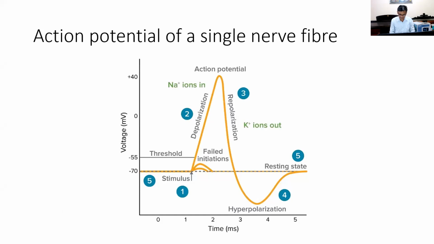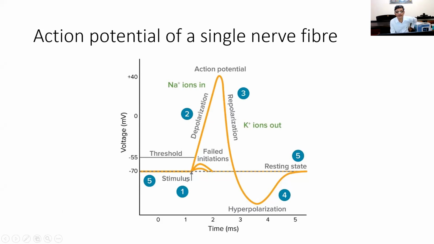If you stimulate the nerve fiber while recording the activity of these two electrodes, you will get something like this. Before stimulating, you get the value of -70. That is the resting membrane potential, that is stage 5.